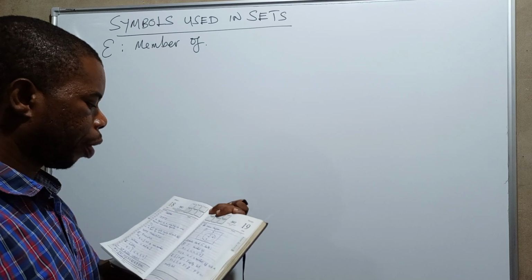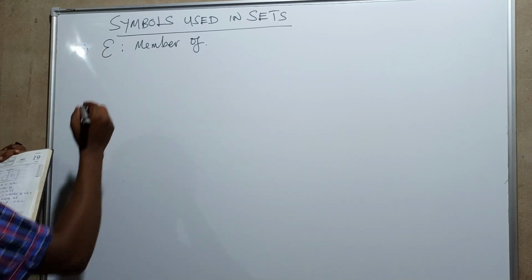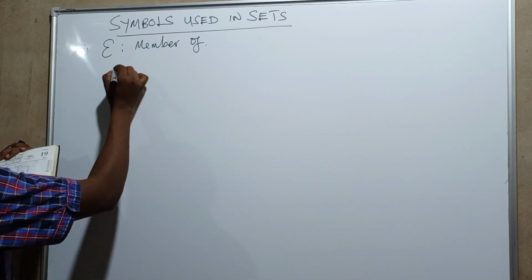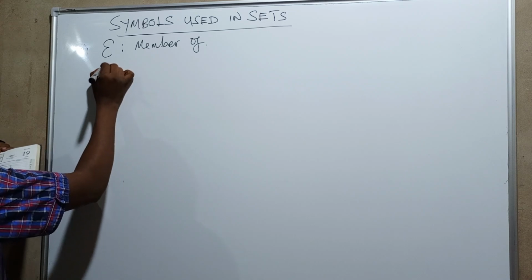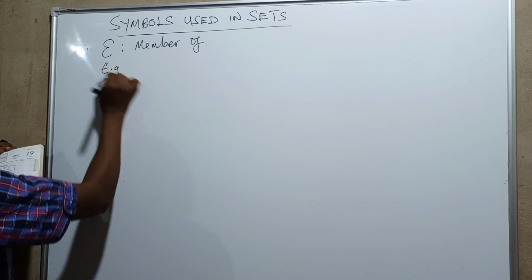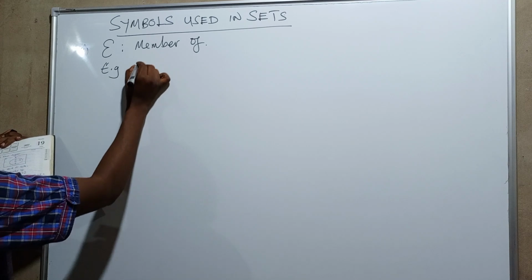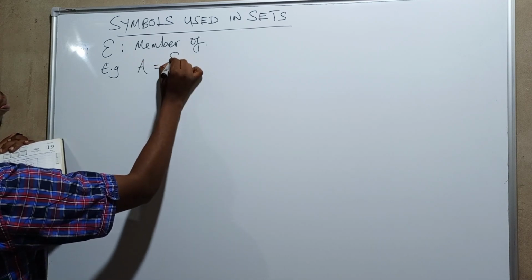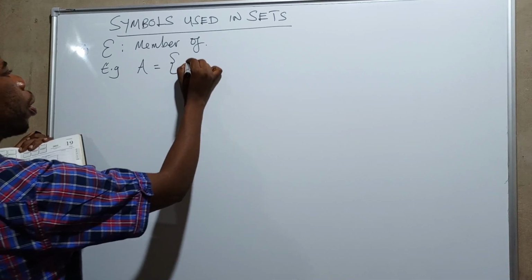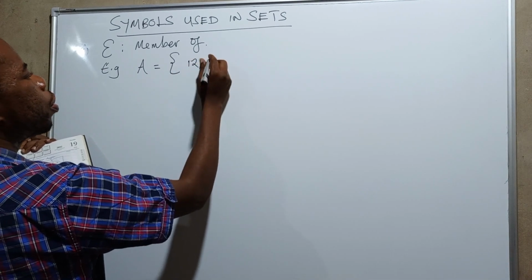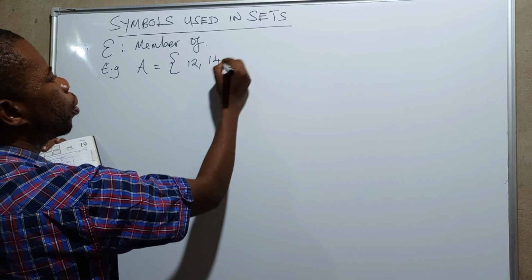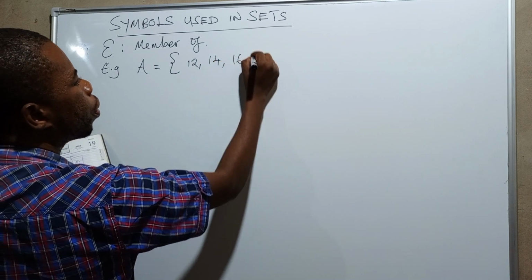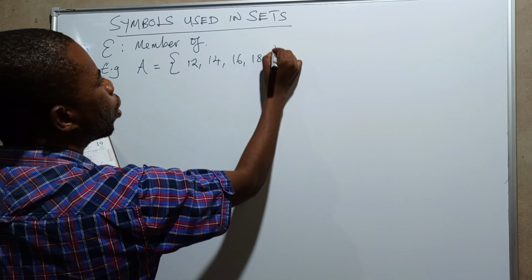This symbol in sets, we use it to show that something is a member of another thing. Okay, so for example, we have set A, the way it was, set A has elements which are 12, 14, then 16, then 18, like that.